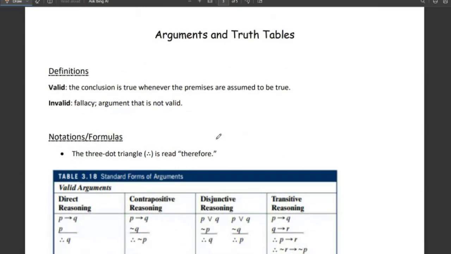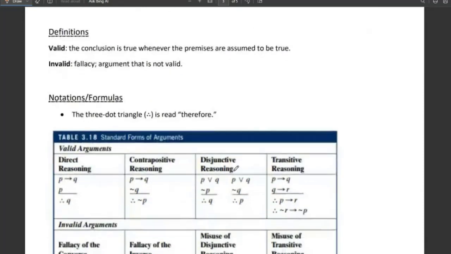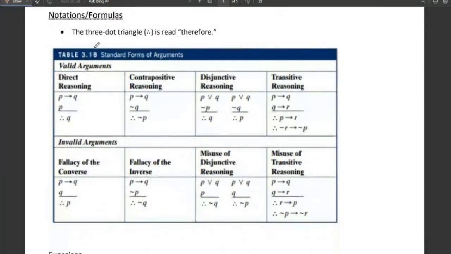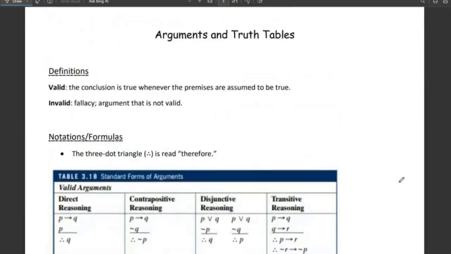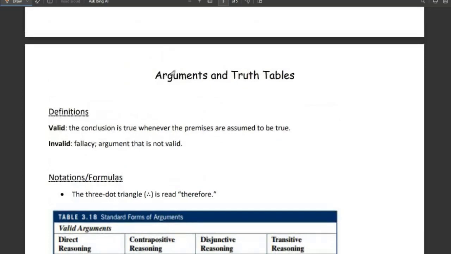All right, this next part, you are going to be given this table. And it has an example of valid arguments and invalid arguments. So this other section is called arguments and truth tables. And then we have the definitions for valid and invalid.